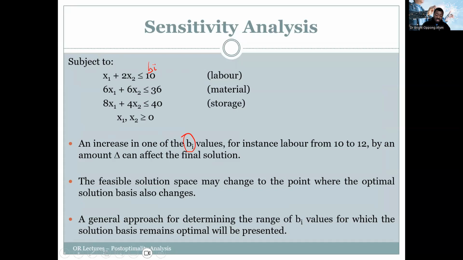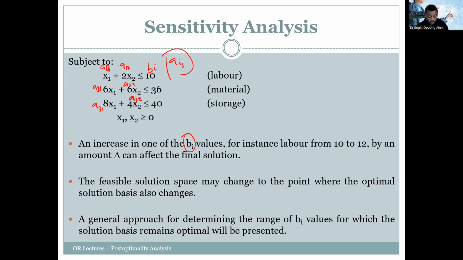So these are the BIs, and these are the AIGs. AIG, so it's 1, 1, and it's 1, 2. That is row 1, column 1, and row 1, column 2. And this one will be row 2, column 1, and this one is row 2, column 2. So this one is row 3, column 1, and this one is row 3, column 2. That's what it means by the AIGs.